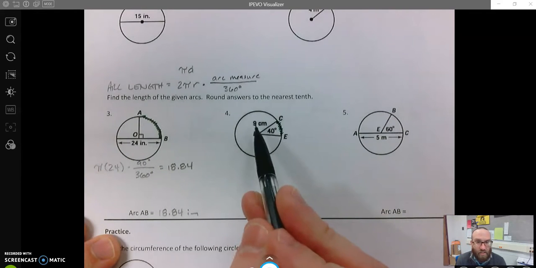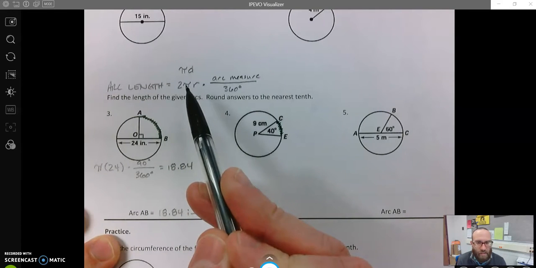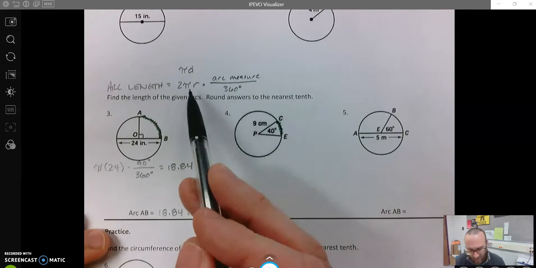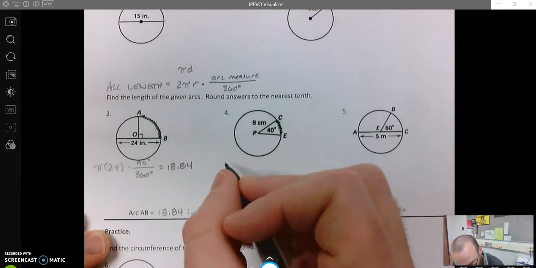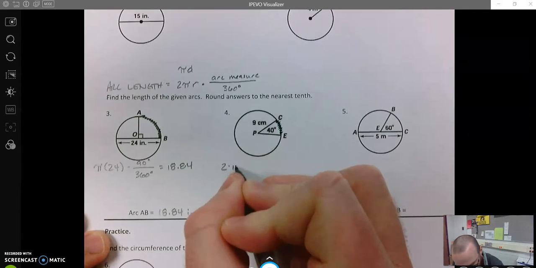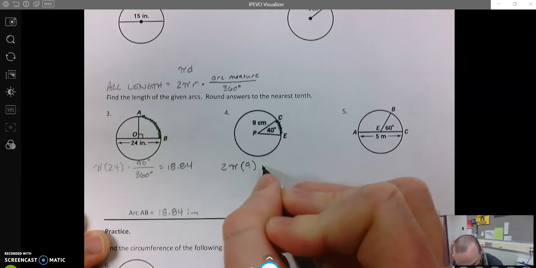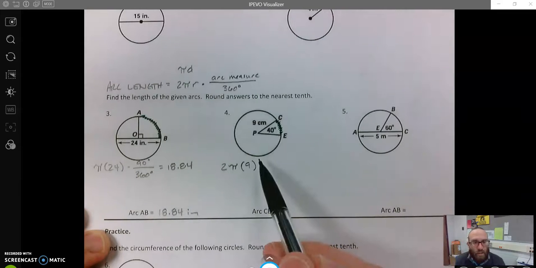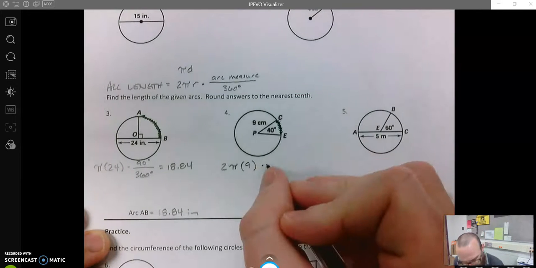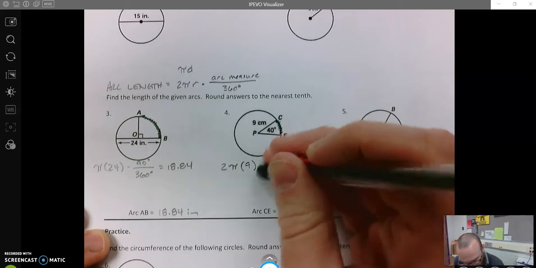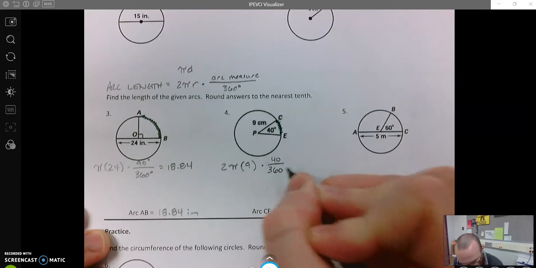Now I'm given the radius of the circle at 9 centimeters, so I'm going to use this formula for my circumference. But it's the same pattern. Circumference times the portion of the circle. So now I'm going to have 2 times pi times 9 times that portion of the circle, which again is based on that central angle, which is the 40 degrees. I will make that into a better fraction, 40 out of 360.